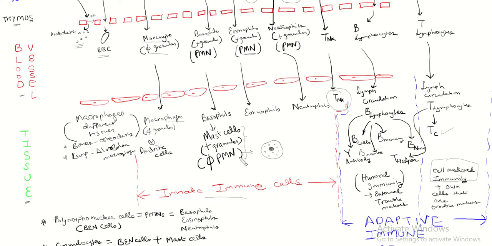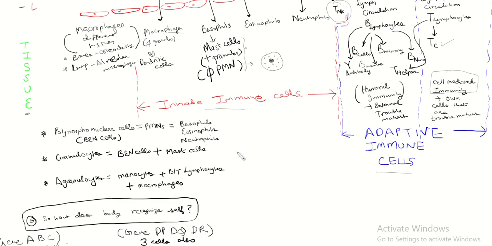Okay. So again, if you're talking about polymorphonuclear cells, what are these? These are basophils, eosinophils, neutrophils. What about granulocytes? It's all of those, stimulated by the granulocyte colony stimulating factor, and then mast cells. Mast cells come out of basophils, so they have the granules. Their nuclei mature and just stop having many, many shapes.